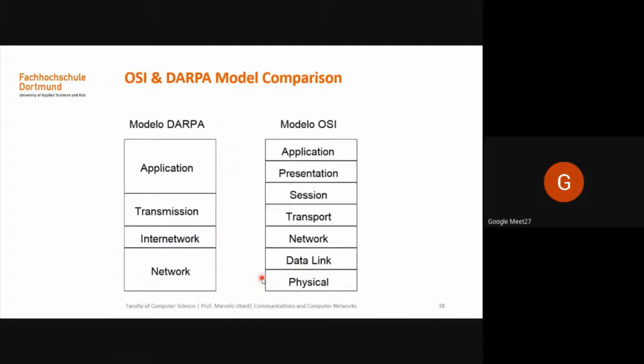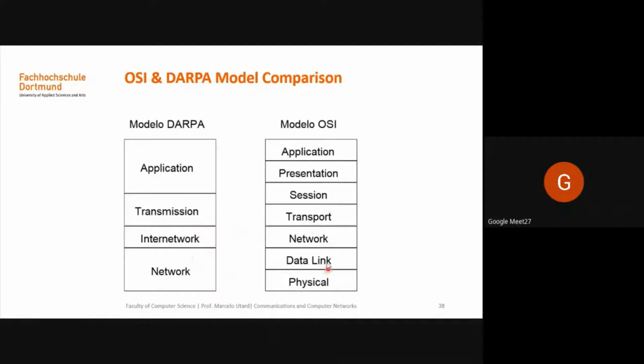And when we talk about TCP/IP networks and about the model used by the TCP/IP architecture, we could compare the DARPA model or the TCP/IP model with the OSI model, and in that way we could understand which are the functions implemented at each layer.